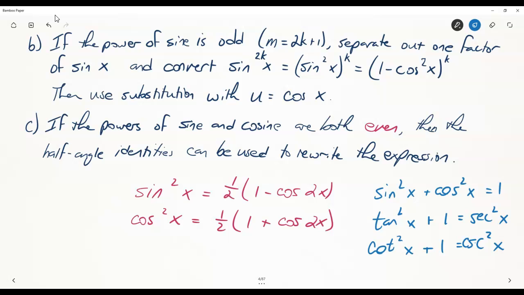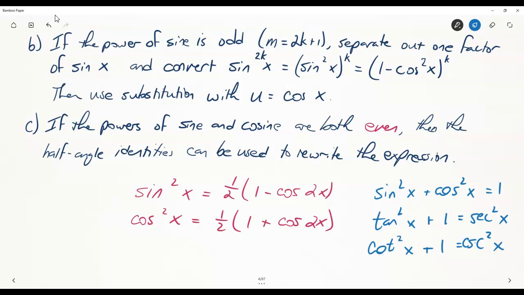That's going to be true in the strategy that we write down for how to handle products of tangent and secant together. If you have a product of cotangent with cosecant, you would just follow the same exact strategy. It's just wherever you see tangent, you're going to put cotangent in its place, and wherever you see secant, you're going to put cosecant in its place. Notice that the identity for sine and cosine is different. You had to add the two squared functions together to get one.